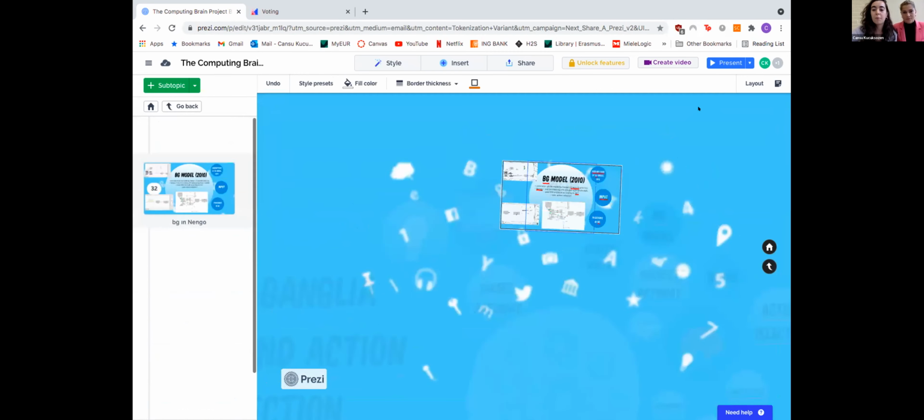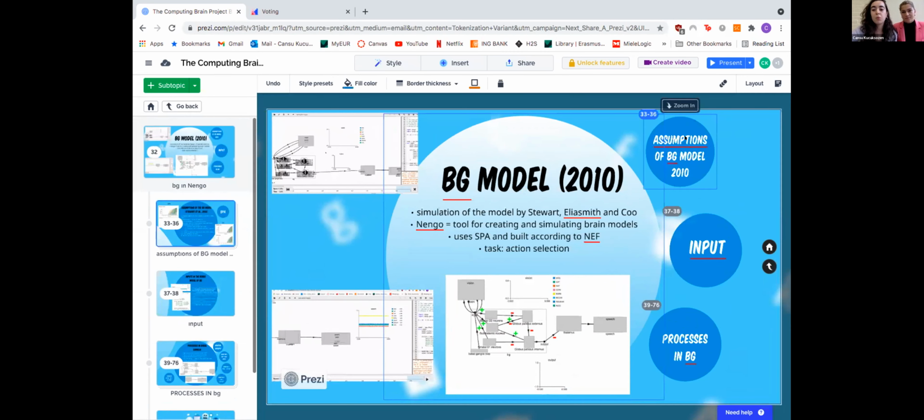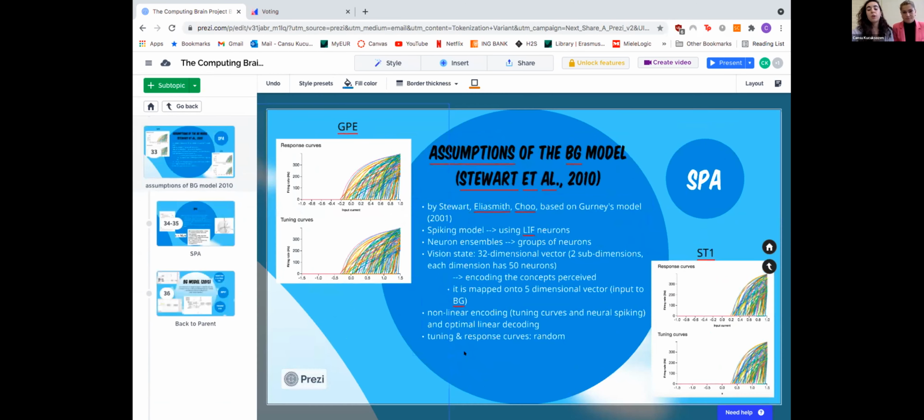Sorry, I just want to tell you a bit more about the assumptions. Here we have a spiking model where they use LIF neurons instead of rate neurons, which were used in Gurney's model that they based it on, and they wanted to use that for best approximation. In each component, we have a group of neurons, like a population of neurons encoding this information. In Nengo, we have this vision component represented as the cortex, and we have 32 dimensions here to encode concepts that are possible.